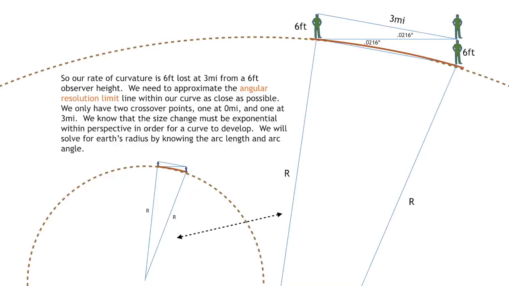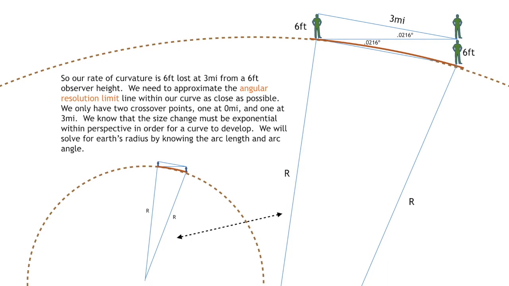So our rate of curvature is 6 feet lost at 3 miles from a 6-foot observer height. We need to approximate the angular resolution limit line within our curve as close as possible. We only have 2 crossover points, one at 0 miles and one at 3 miles. We know that the size change must be exponential within perspective in order to get a curve to develop out of it.